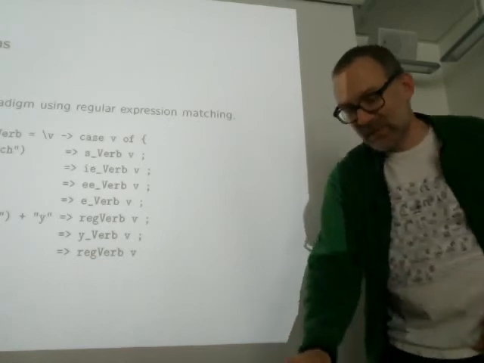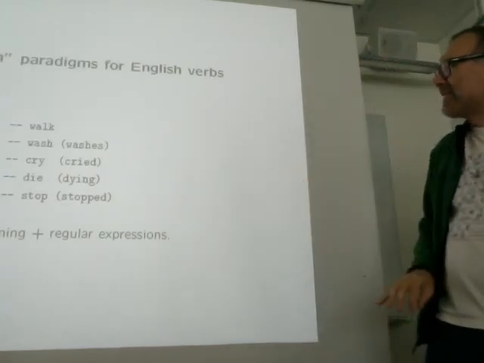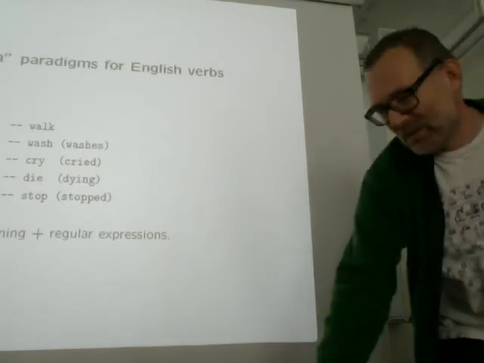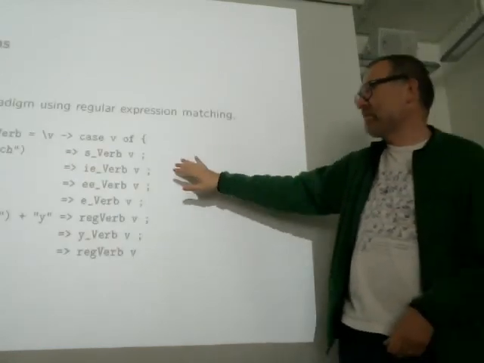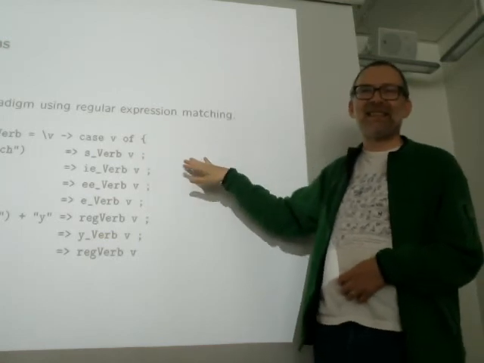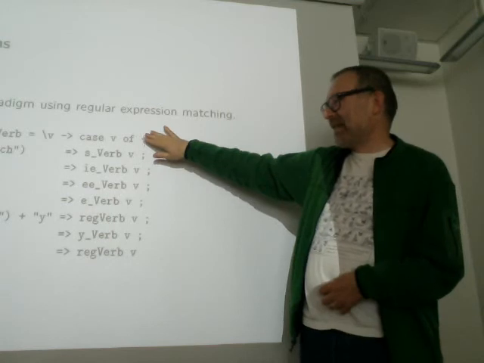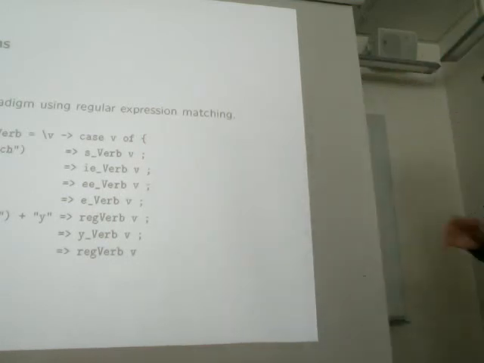Assuming that we have these stupid paradigms, we have a second order smart paradigm, but we don't even need to go that way, we can just directly define it here. You can define a pattern that analyzes the infinitive form and then dispatches to these different paradigms, and you can have just one paradigm for regular verbs.